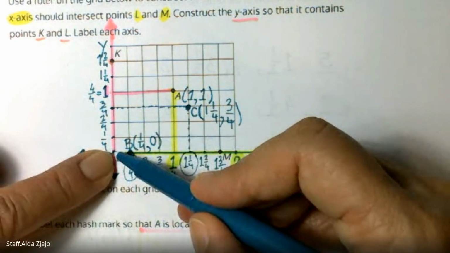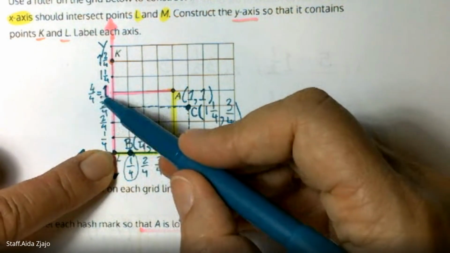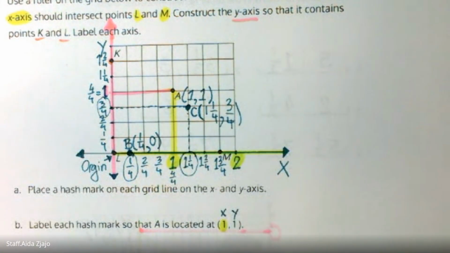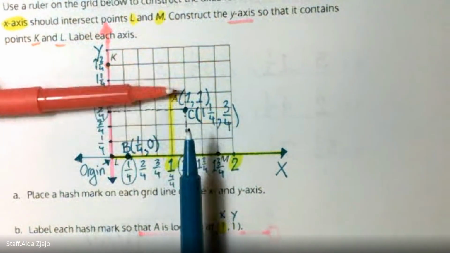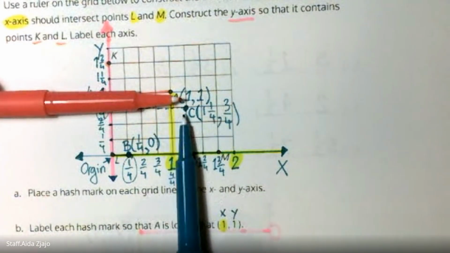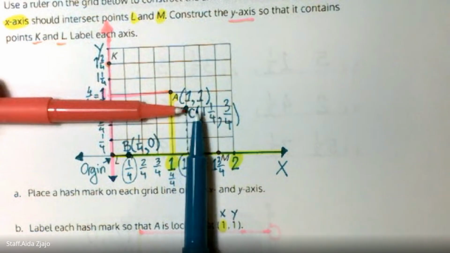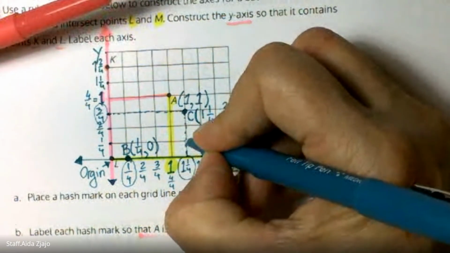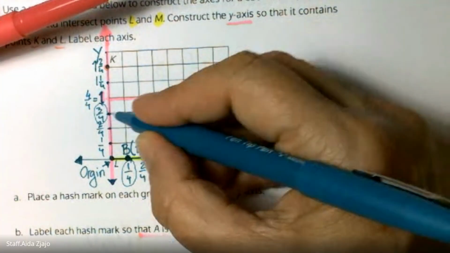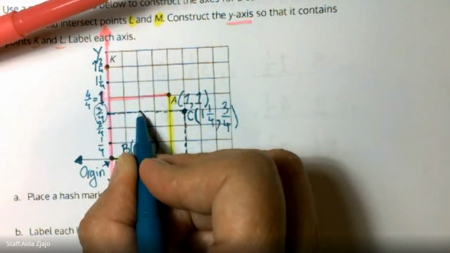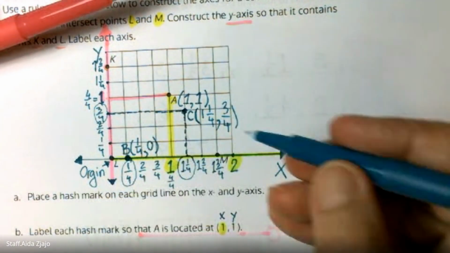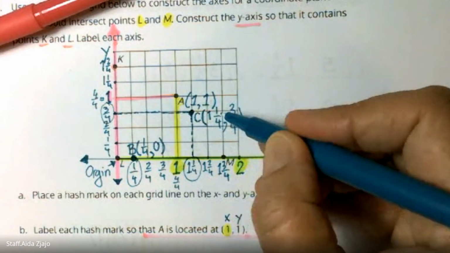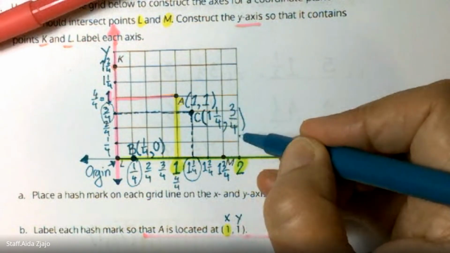Going from the origin: 1/4, 2/4, 3/4. So my y is 3/4. Now I intersect these two, 1 and 1/4 with 3/4, and they meet right here. I did little dashes up to 3/4 and across from there. So this is point C, with coordinate 1 and 1/4 for x and 3/4 for y.